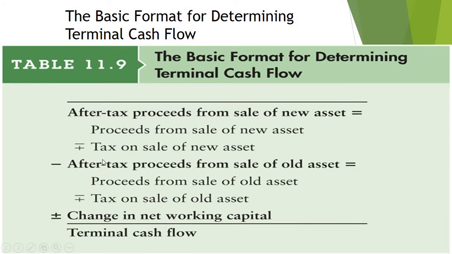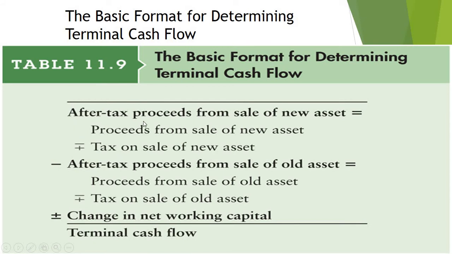To find the tax on sale of new assets, first you have to find out accumulated depreciation on the new assets. Then you have to find out the book value of the new assets. Then using the book value, you'll find out the gain on sale of new assets. Finally, on the gain, you have to calculate the tax.